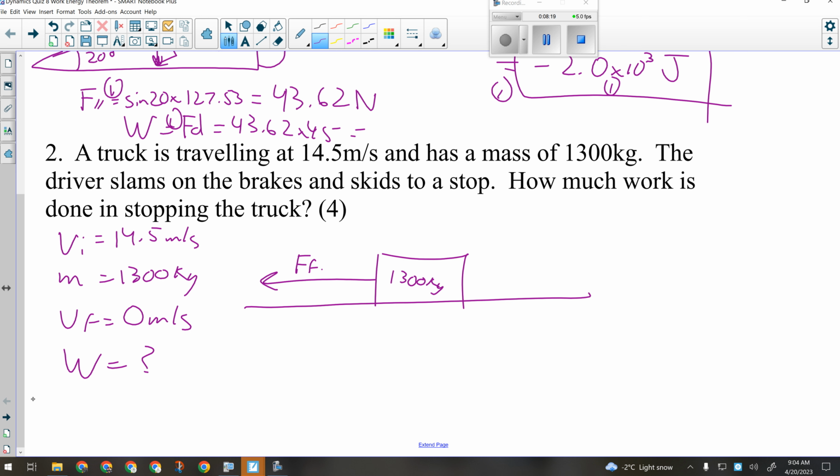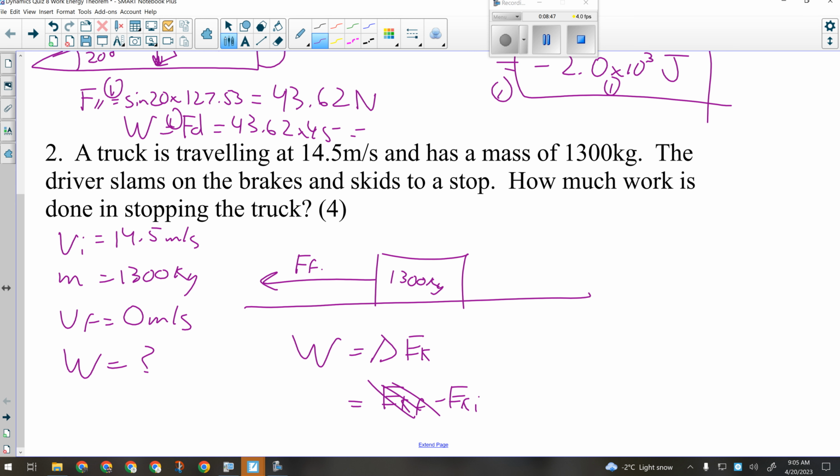What kind of energy is changing in this question? Kinetic only, right? It's a level road, so only the kinetic energy is changing. So I can write that work is a change in kinetic energy, which is also a change in mechanical energy, but I don't need to write both because I only have one changing. So that's EK final minus EK initial. But what's my final EK? 0, because I come to a stop.